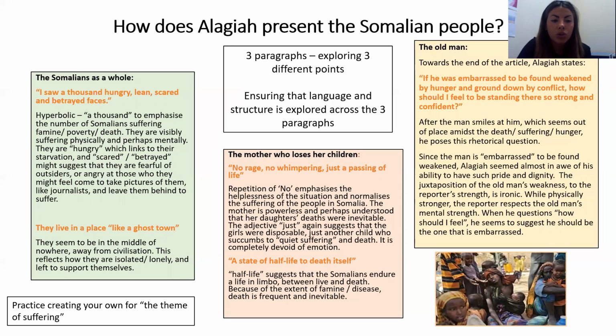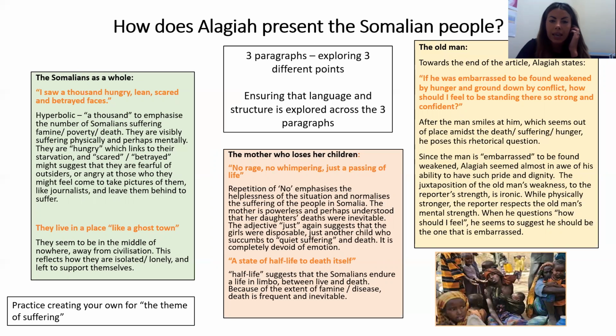Using "hungry" links to their starvation, their physical suffering, but then them being scared and betrayed might suggest that they're quite fearful of the outsiders, or they're angry at those who come and maybe exploit them by taking pictures of their suffering, but then ultimately leave and might not do anything about it. So that's maybe why they feel betrayed.